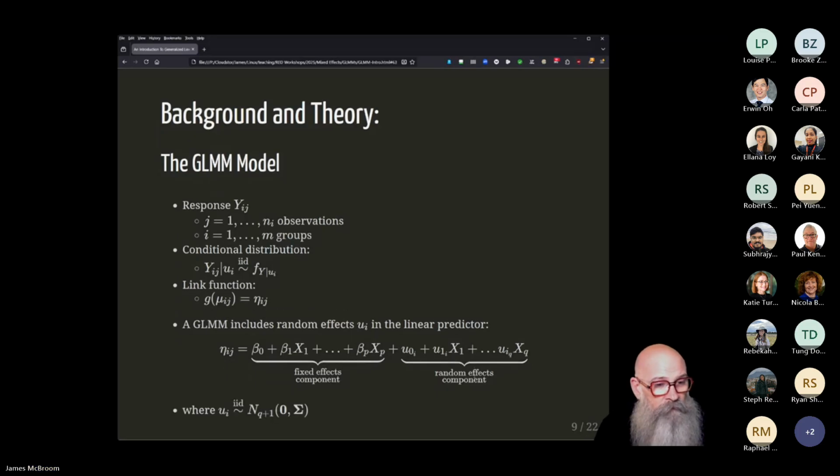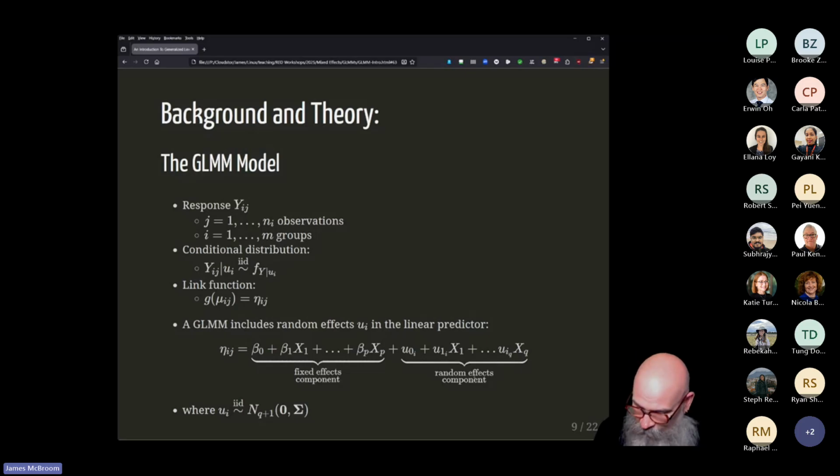Now, we assume that these random effects, however many we have, let's just suppose we've got Q plus 1 random effects. So Q slopes and 1 intercept.